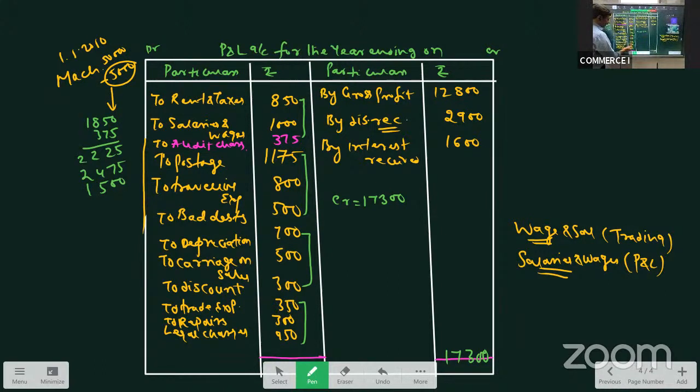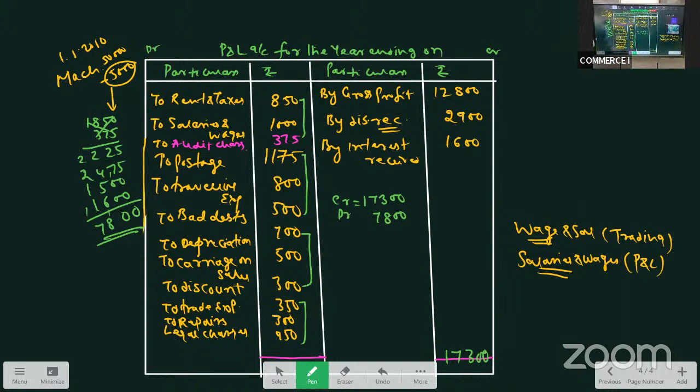Then 350 plus 300, 650, 650 plus 950, 1600. This would be easy for you to do in the examination. If you start doing it all at once, it is a bit difficult at this level. This is my suggestion: take a breakup of 3, 3 and add on the side. So now what is the total you see? 7,800 is the total on the debits.